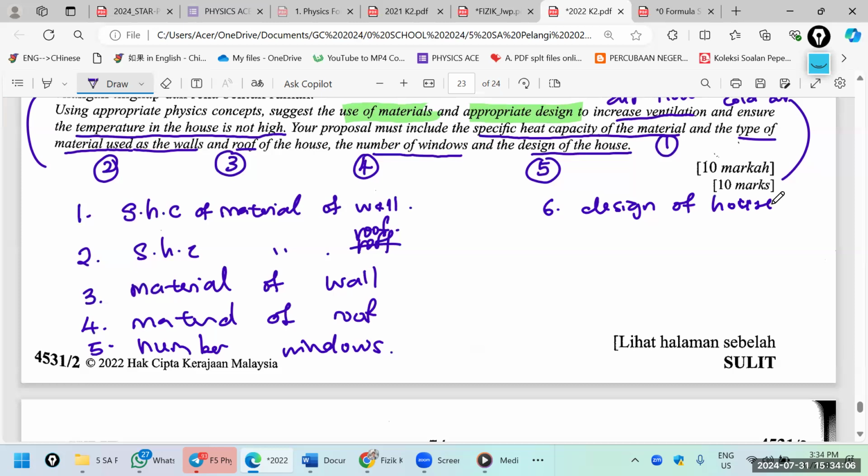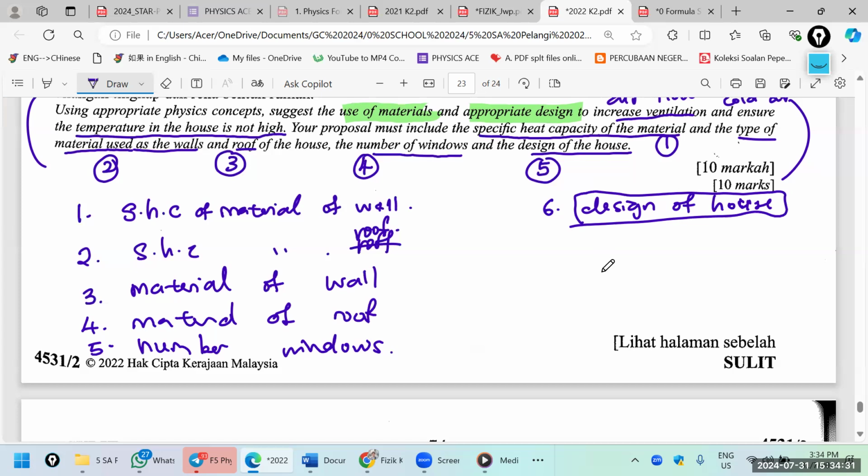Rectangular, you will trap a fishing pool on top. So the design of house. When I mark, I find out most of them cannot answer this. I also cannot answer this.